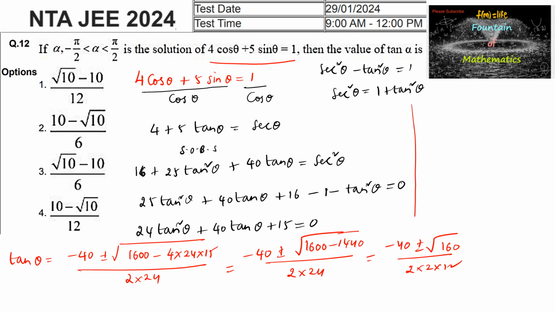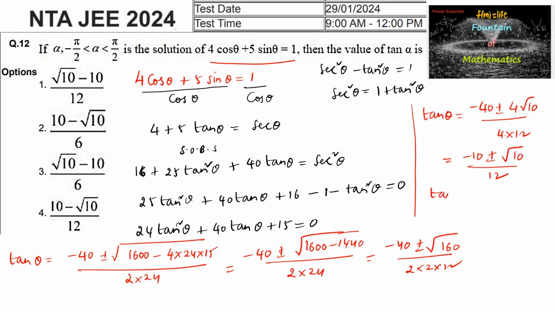So we can write tan theta is equal to minus 40 plus or minus root of 160, we can write 4 root of 10, divided by 2 into 12, that is 4 into, which is minus 10 plus or minus root 10 divided by 12.